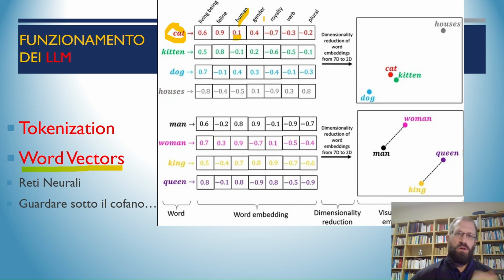Then there is the question of gender, or whether it's part of royalty. Here we have other examples: man, woman, king, queen. We can see that the category of being part of royalty is pretty much present. Of course, there is a different number between king and queen. We could interpret all of this.